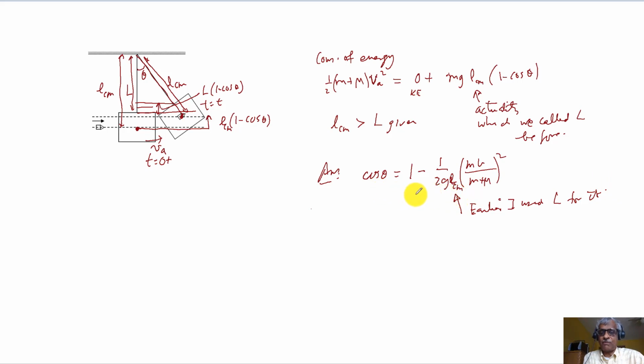So cosine theta should actually have been this, but people write it as if L given, or L string, is L_CM.